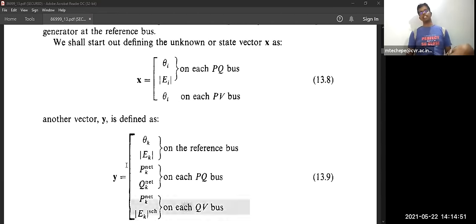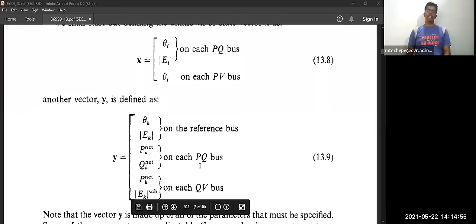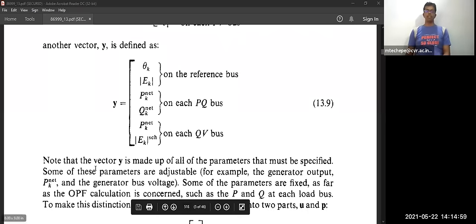This is the x vector, this is the y vector. In the y vector we have taken the reference bus, each PQ bus, and each PV bus.